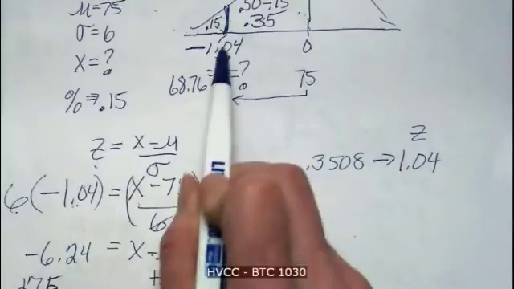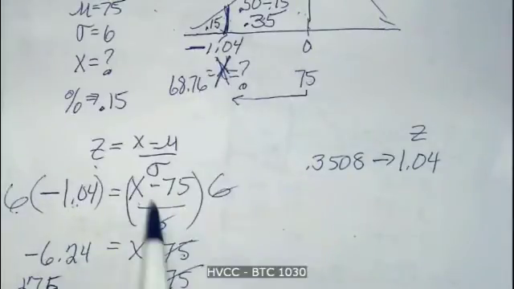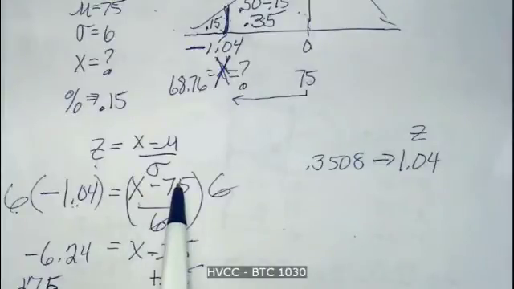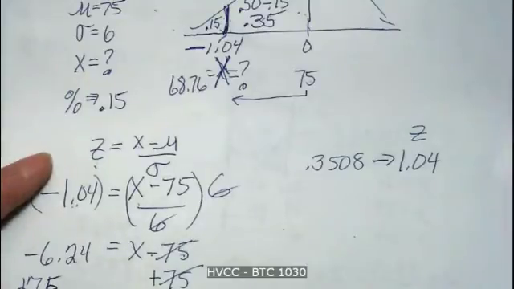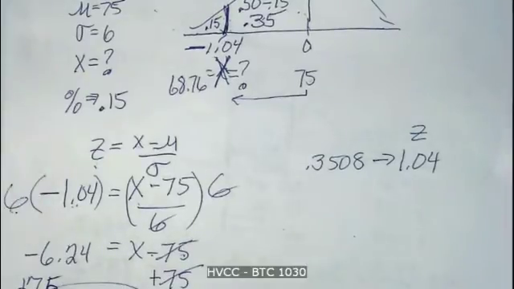It had to be negative because it's on the left side. I'm looking for X. I put my population mean, 75, standard deviation, I solved, and I got an X of 68.76. This is a little difficult concept. I cannot deny that.